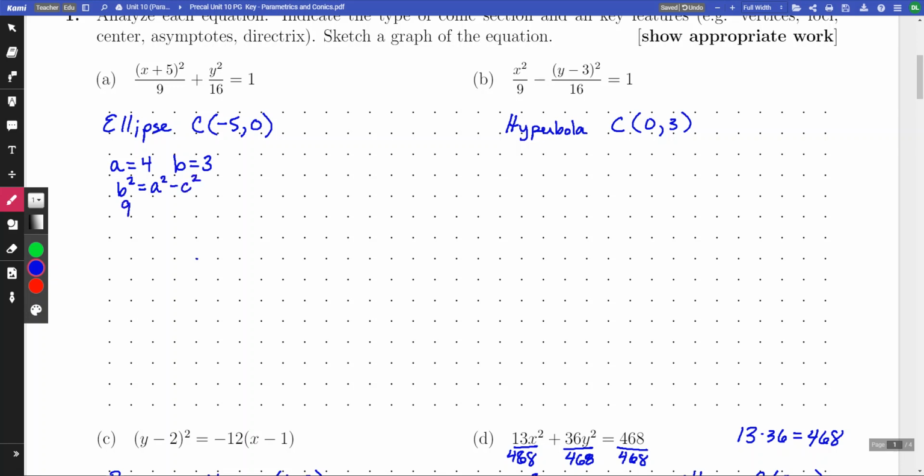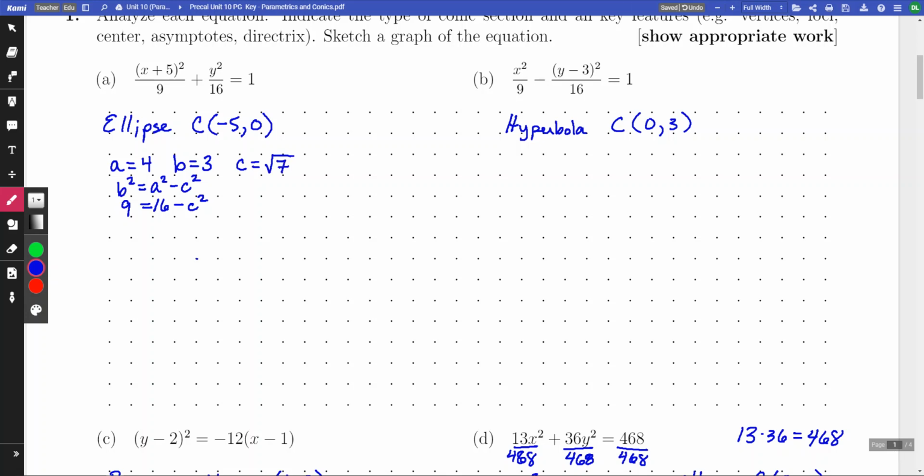That means 9 is equal to 16 minus c squared. 16 minus what number gets me 9? That would be 16 minus 7. So c is going to have to be the square root of 7.